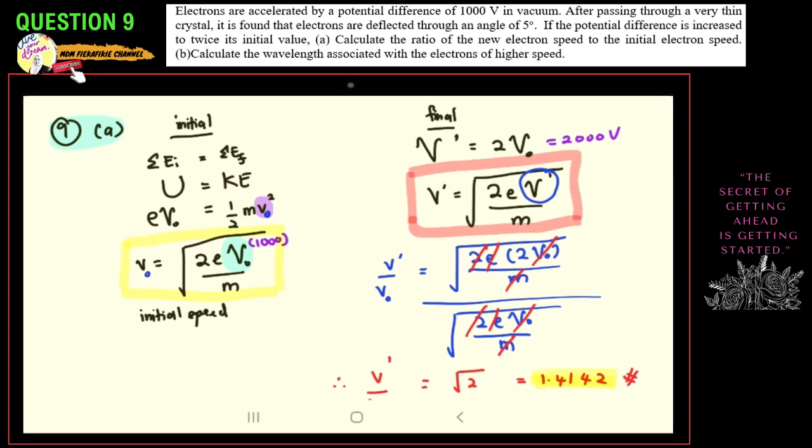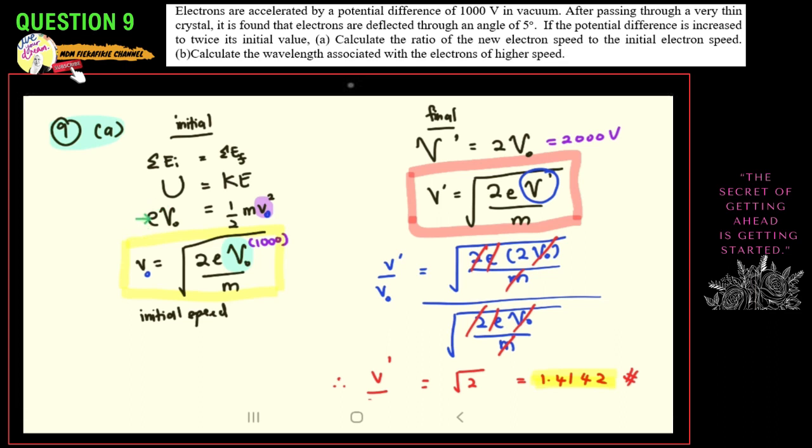In this case, by conservation of energy, we can get this equation. This is the equation of the speed of the electron when passing the potential difference tadi. Initially, electron dia akan ada potential energy. So the potential energy of the electron adalah charge of the electron times the potential difference yang kita guna untuk accelerate the electron tadi.